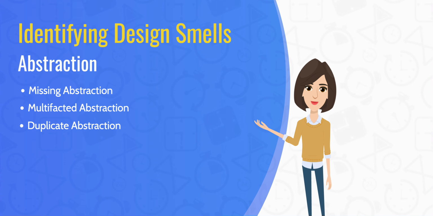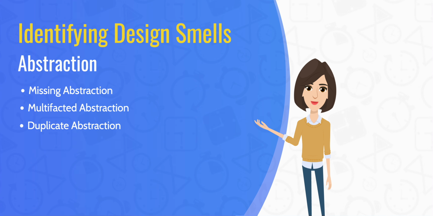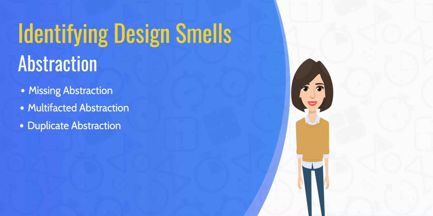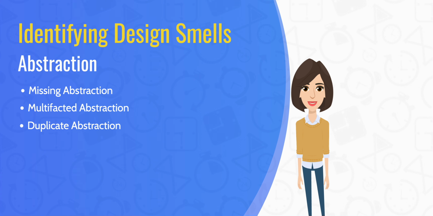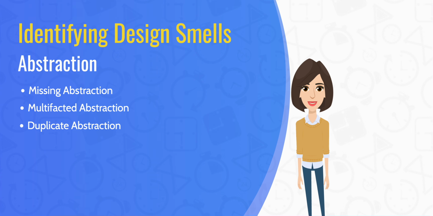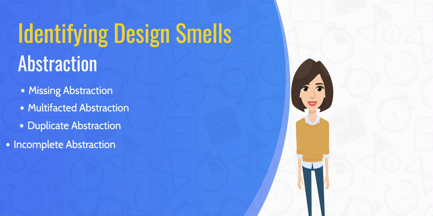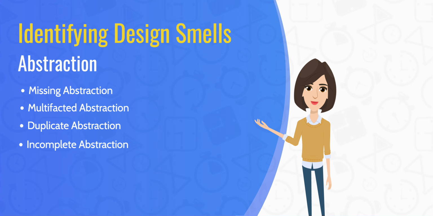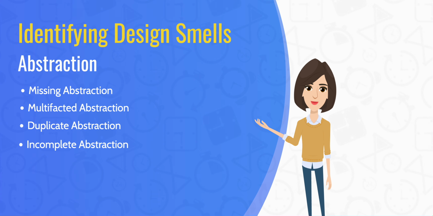Similar to duplicate code, duplicate abstractions can also be found in code bases, meaning there are classes or interfaces that share the same name or have the same behaviors or both. These are more common than you might think, as catching them requires careful code reviews and refactoring, which gets overlooked sometimes. Our final bad abstraction is the incomplete abstraction, which happens when a class or interface doesn't fully support a responsibility.